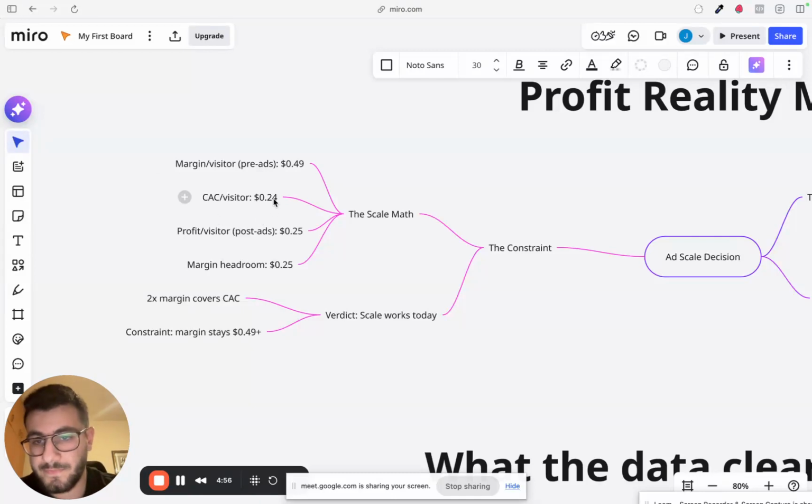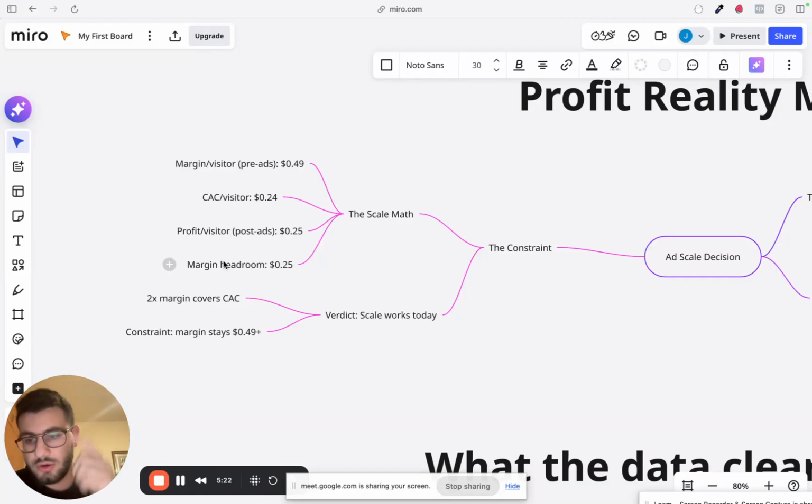Your cost per visitor is 0.24. So your profit per visitor post-ads is 0.25. Every visitor that comes into your store, you get paid 25 cents. The more traffic you put in, of course, it's going to converge a bit down, but this is approximately the number.